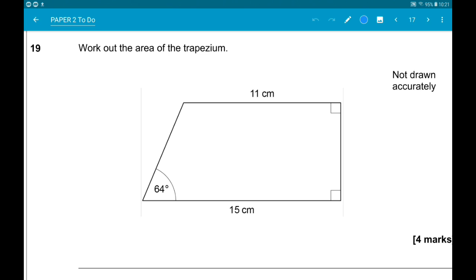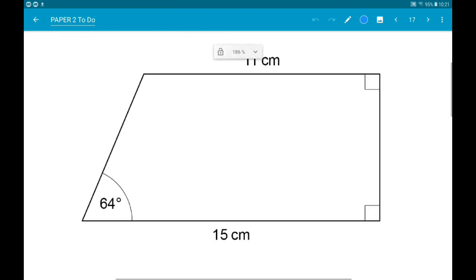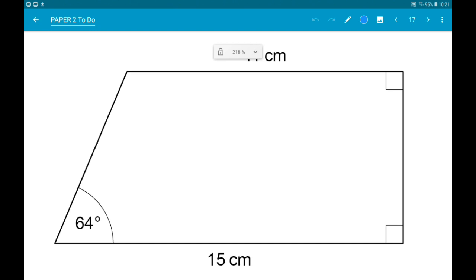So this is a good example of SOHCAHTOA trigonometry being hidden in other shapes. So the reason we're going to use SOHCAHTOA, and I've got playlists on SOHCAHTOA down below, one explaining how to do it, and one full of exam questions.